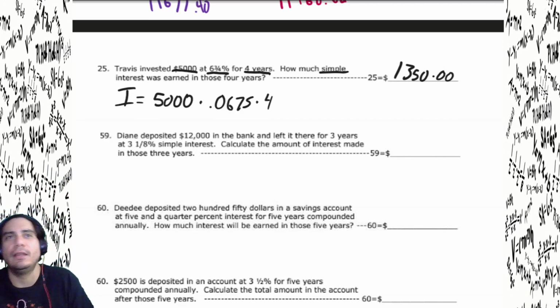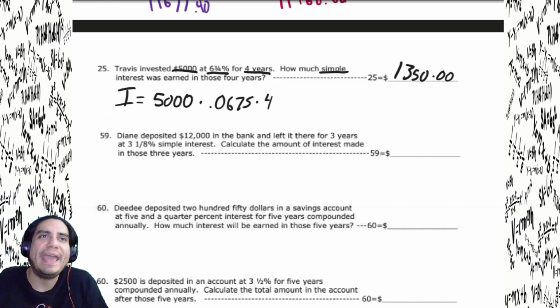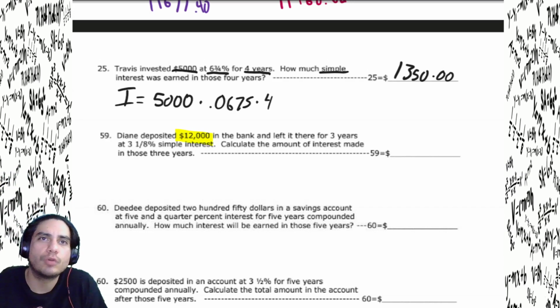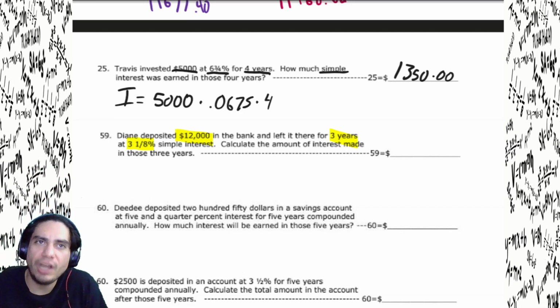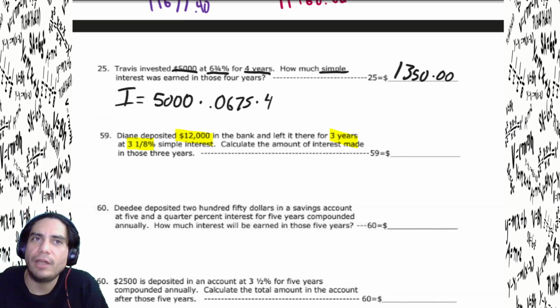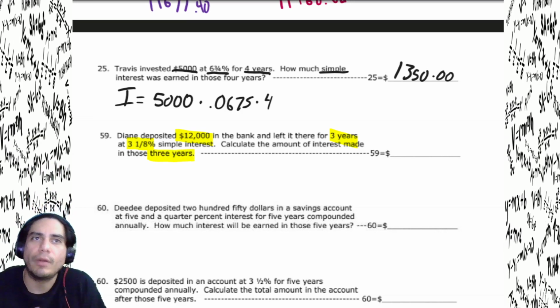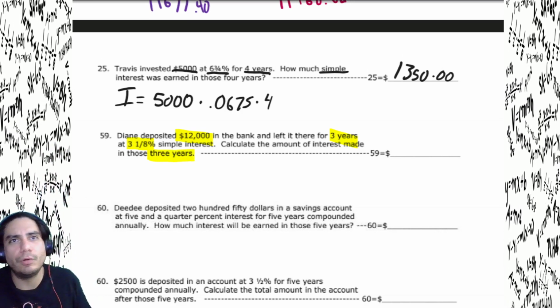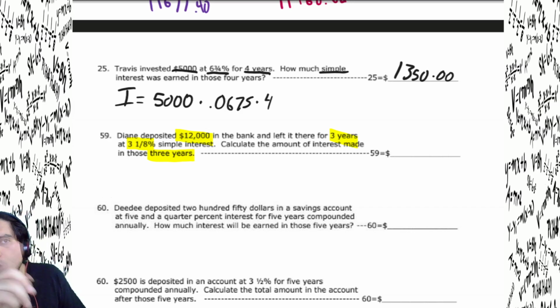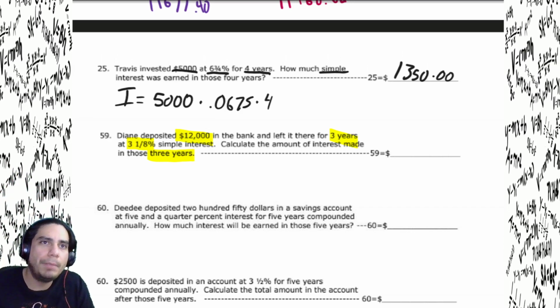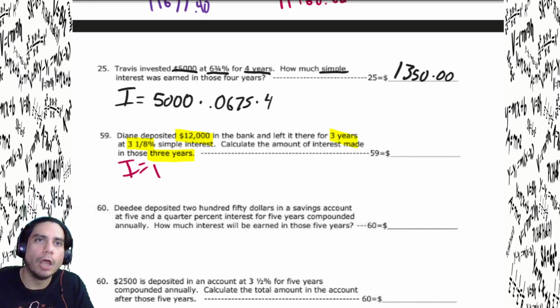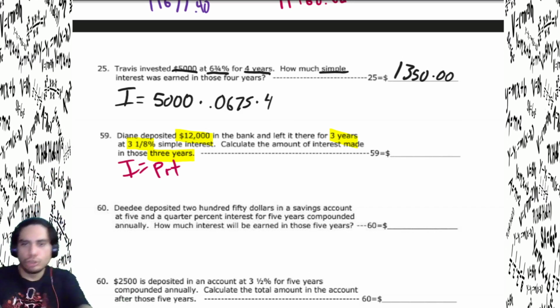All right, 59. We got Diane. She's depositing 12 grand, left there 3 years at 3 1/8% simple interest. Calculate the amount of interest earned in those 3 years. So we're going to have to subtract the principal. Oh, no. This is a simple interest problem again. I equals PRT.